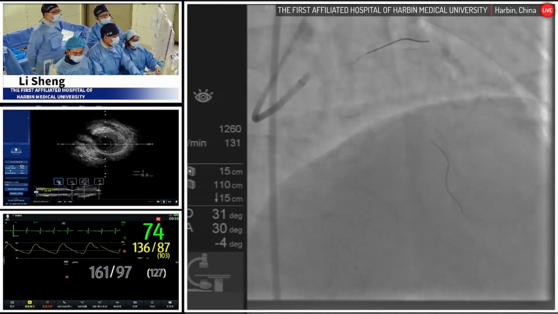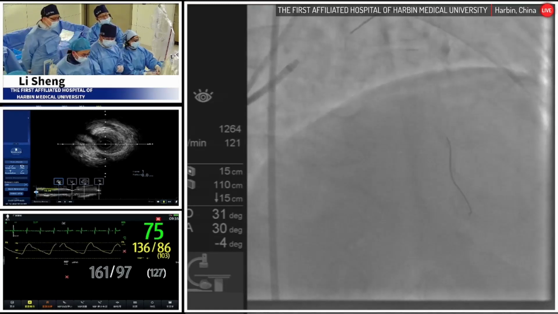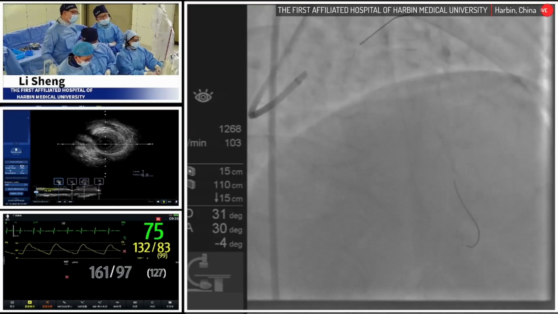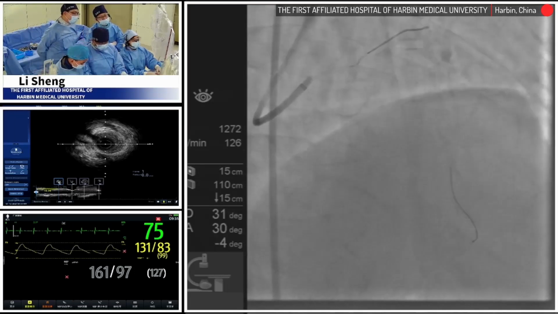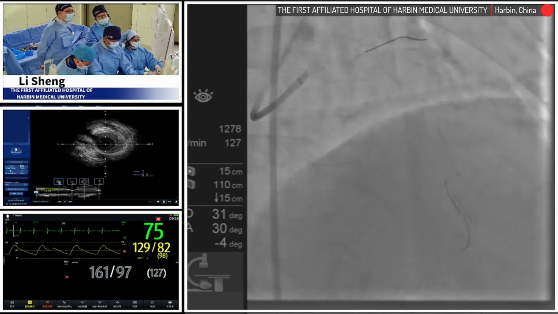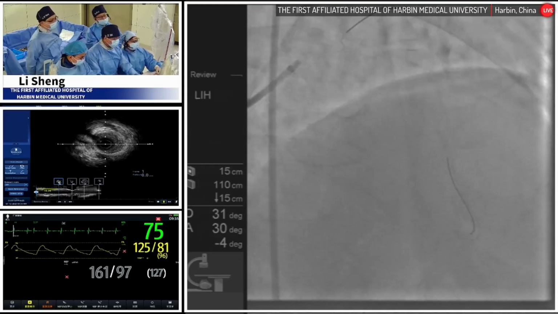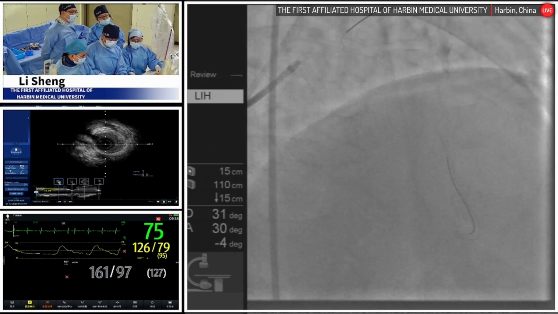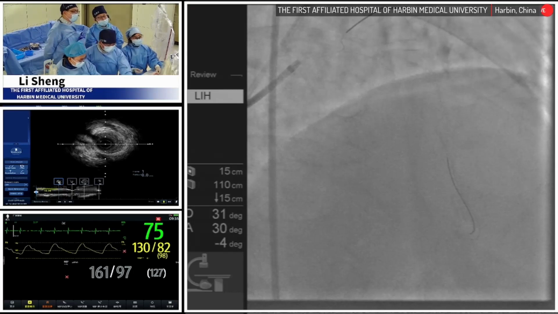So we know the QFR platform suggests a short stent from the proximal LAD to the left main. But when we go to the IVUS image, it's not healthy enough; we cannot find the normal segment in the LAD.